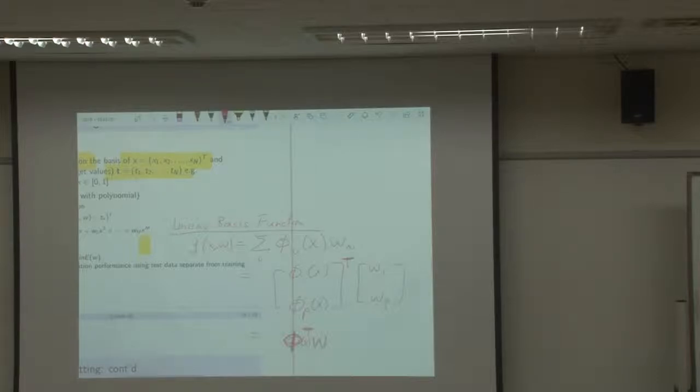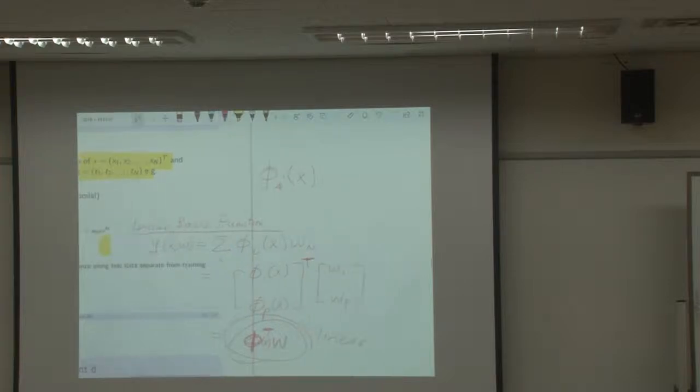So what are the phi's in this case? What is phi i? So this is linear, right? What are phi i's?